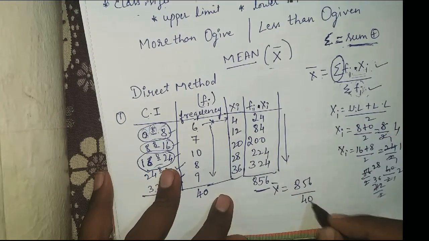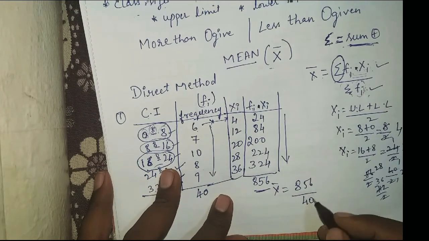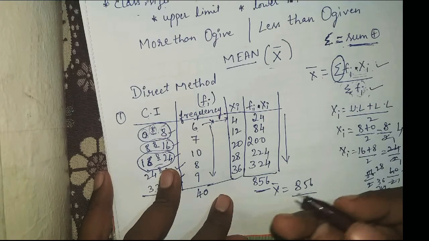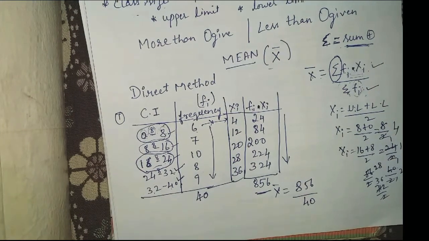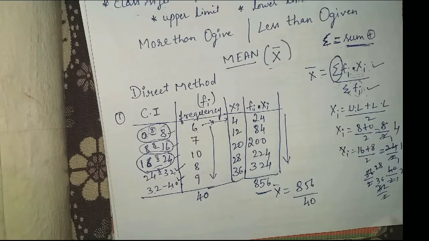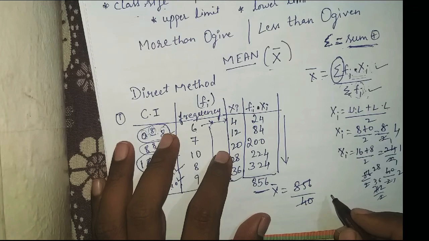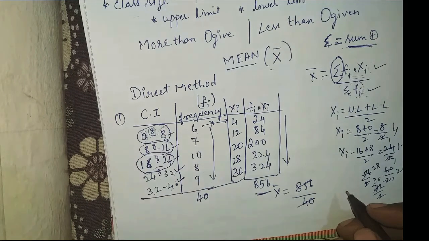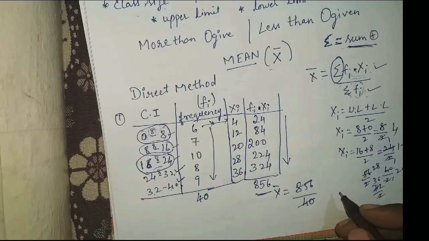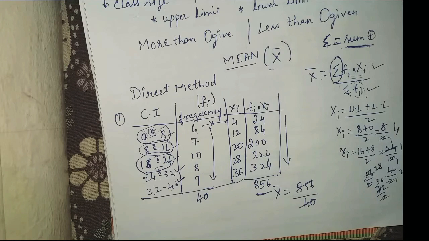40. Take this 40. Now divide it. You can do the division by any method, your choice. Once you divide it, what is the answer?